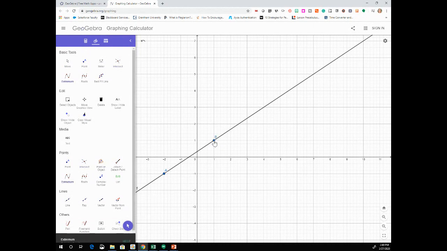I'll try to get a perpendicular. So for something perpendicular, I want to make a line that splits the angle around that point equally.